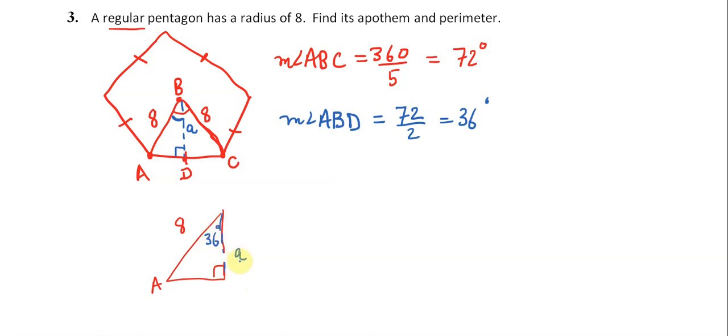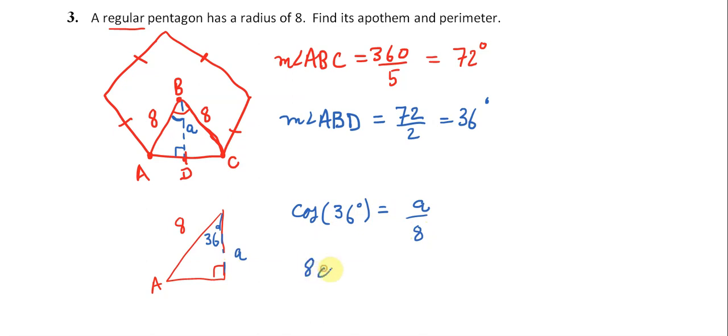Okay. So to solve for a, I can use the trig ratios. This is going to be the adjacent length because it's touching the angle. So I'm going to use cosine. Right? Cosine is adjacent over hypotenuse, so cosine of 36 degrees is equal to a. That's my adjacent length, and the hypotenuse here is 8.